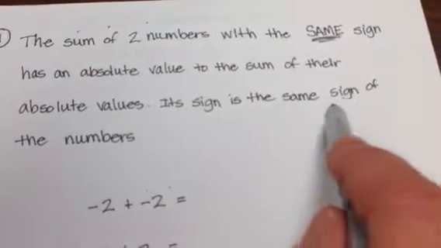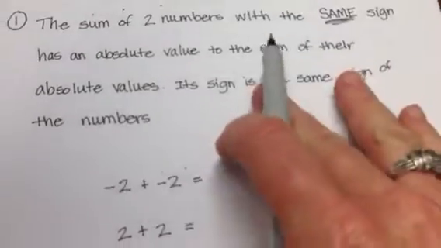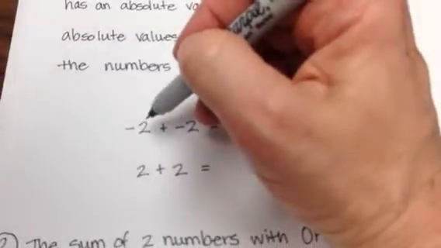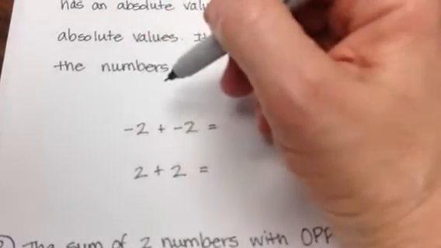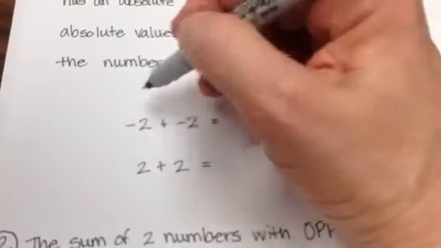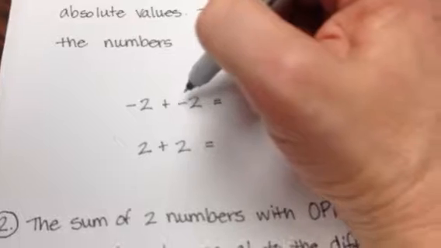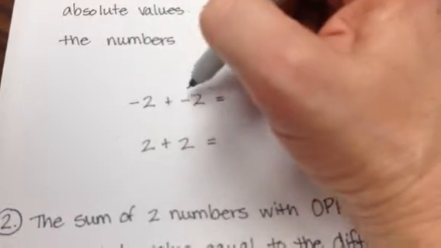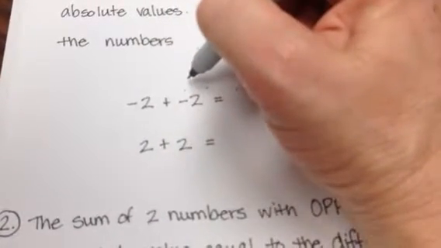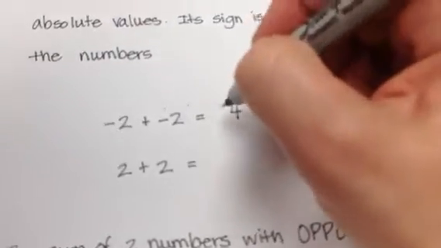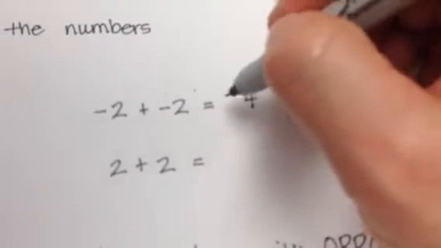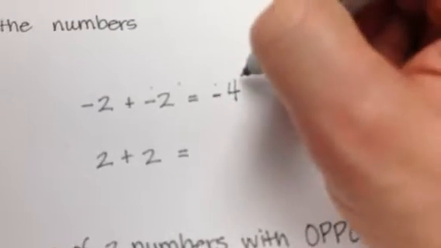Its sign is the same sign as the numbers. What do we mean? Remember, absolute value just means how many places a number is from 0 on a number line. So if I have -2 plus -2, the absolute value would be 2 plus 2, right? And that would equal 4. But since I'm working with negative numbers, the sign will be a -4.